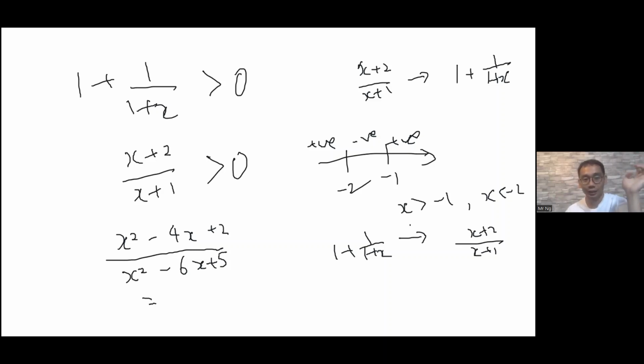So x, sorry, here plus 4. Okay, x minus 2, x minus 2, then x minus 5, x minus 1.